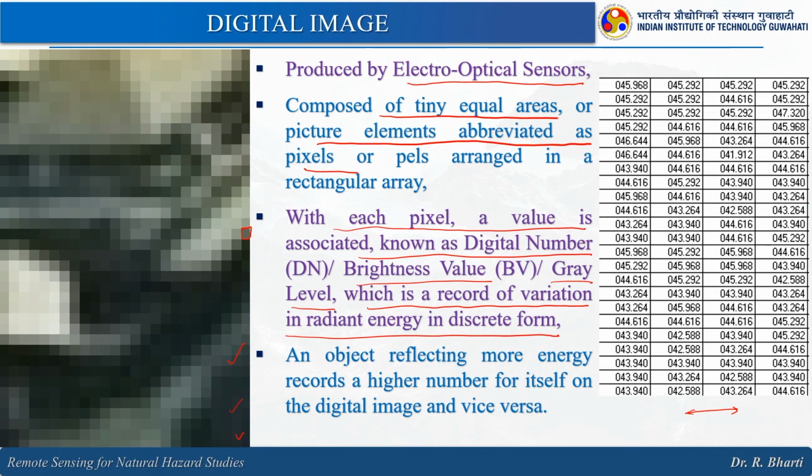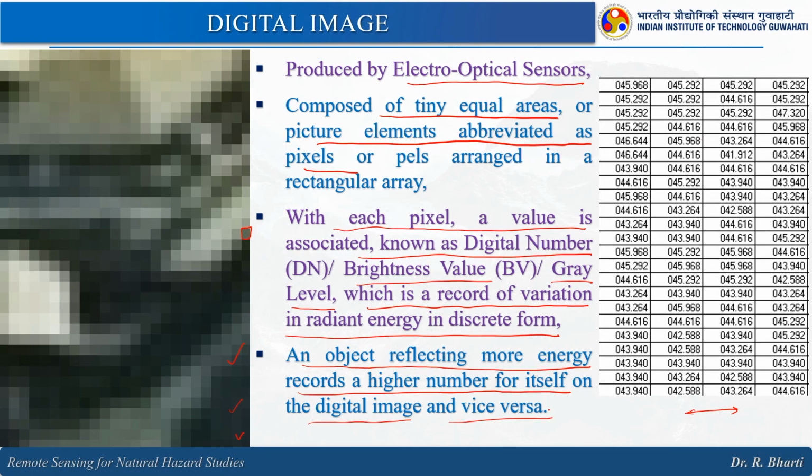So we need to understand how the light is interacting, how the material is behaving. So an object reflecting more energy records a higher number for itself on the digital image and vice versa.